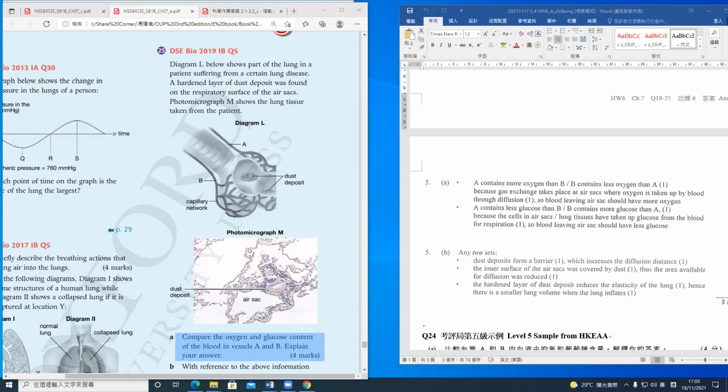Let me see the textbook. For blood A, they have missed some important information. Blood vessel A moves like this, and in blood vessel B, the blood moves towards here.